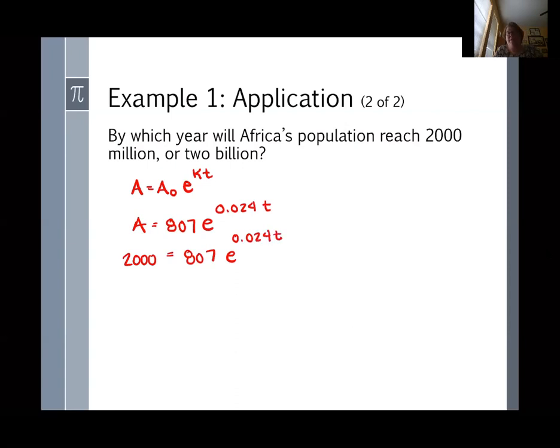And again, we're solving an exponential equation. We're solving this exponential equation for the variable t for time. To solve an exponential equation, I have to isolate the exponential on one side of the equation. So again, I'm going to divide both sides by 807.